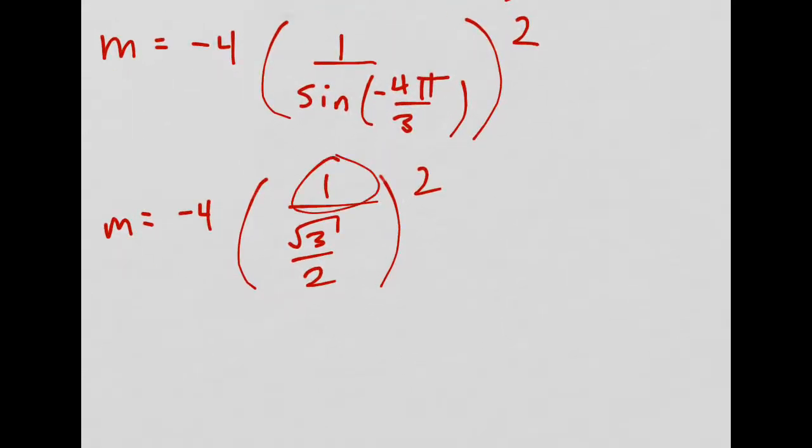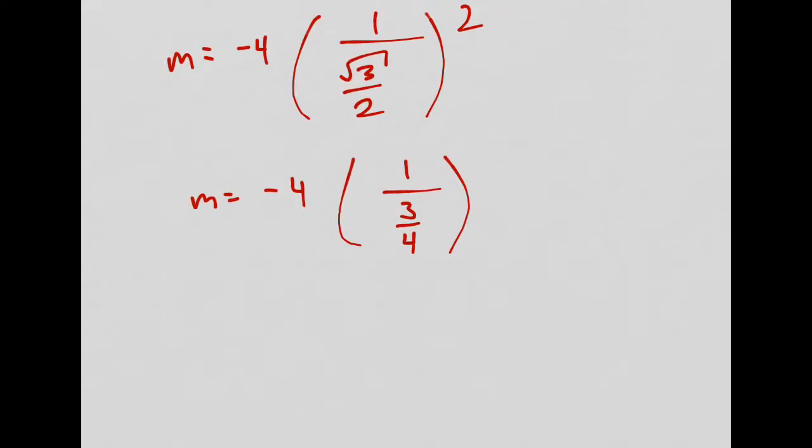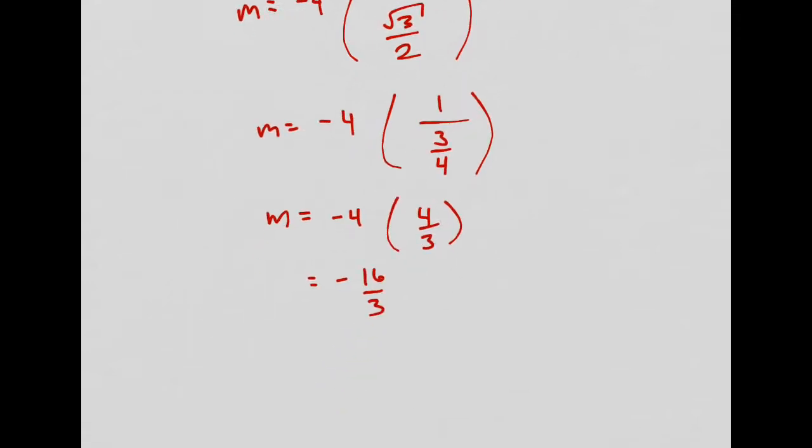So that means 1 squared is 1, and the 3 over the root 3 just changes to a regular 3, and that bottom changes to a 4, right? Because if I square this, the radical goes away. If I square this, it becomes a 4. And then flip the fraction over and multiply. So m equals negative 4 times 4 thirds, and that's just negative 16 over 3.